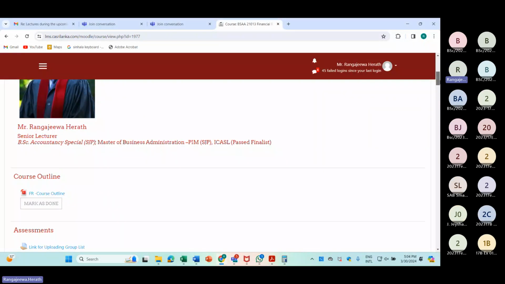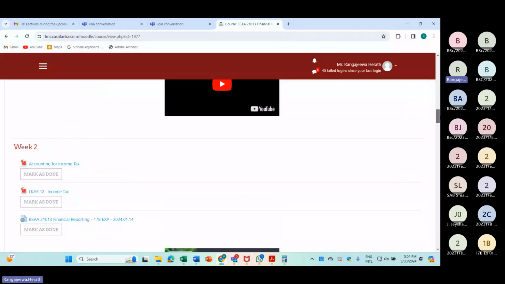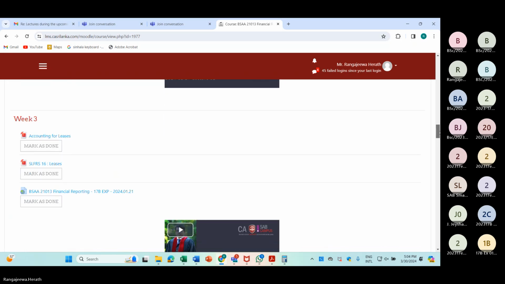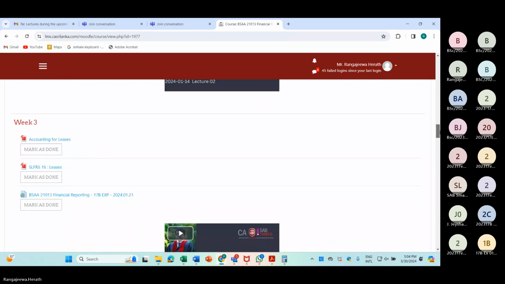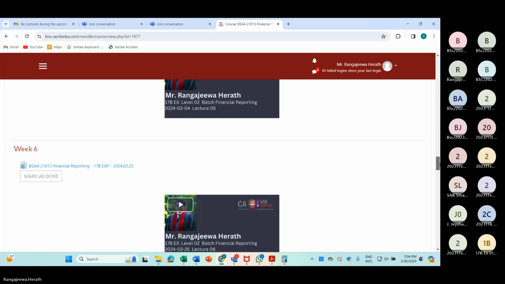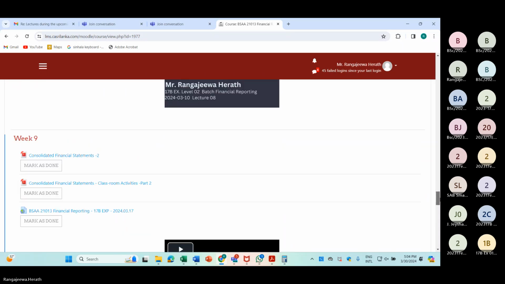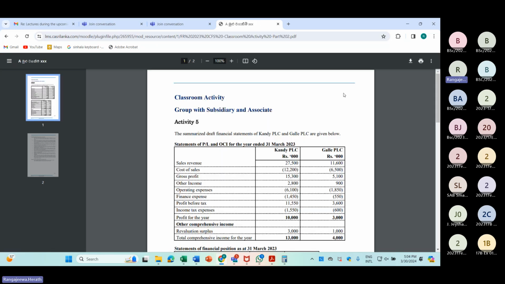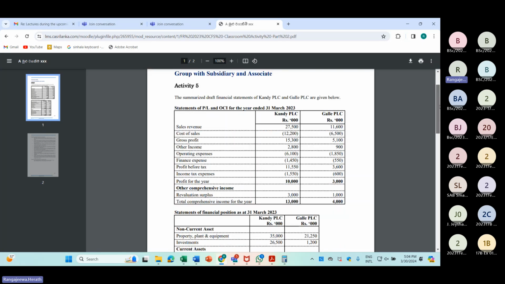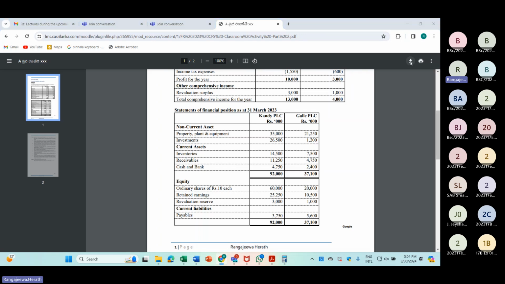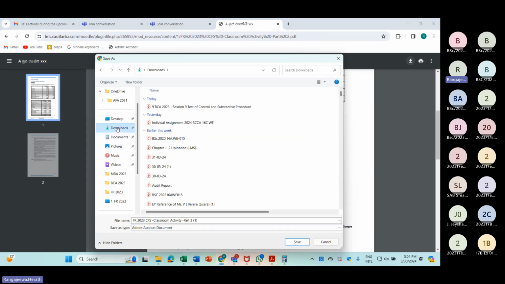Right. So if I take this statement of consolidated financial statements, classroom activity part 2, there we had this complete activity: statement of profit or loss, and you were given even the statement of financial position, the full balance sheet.